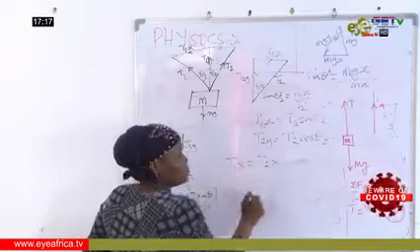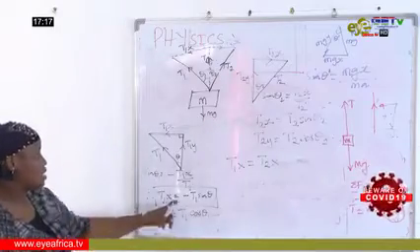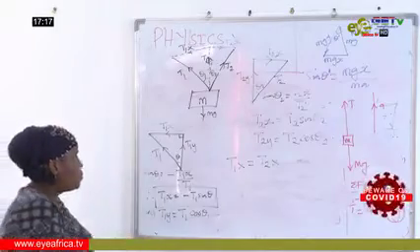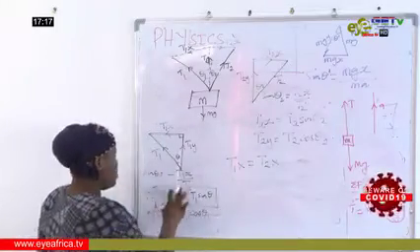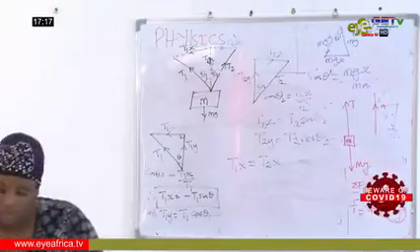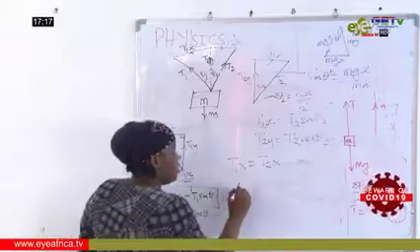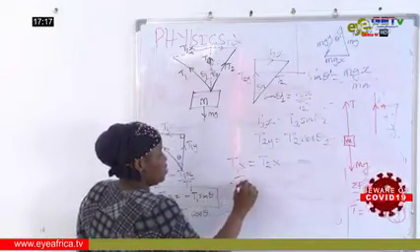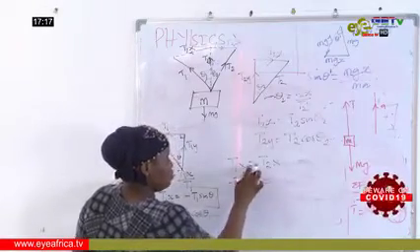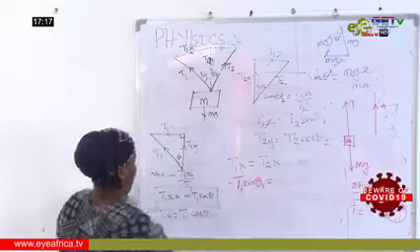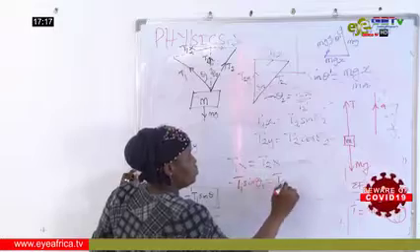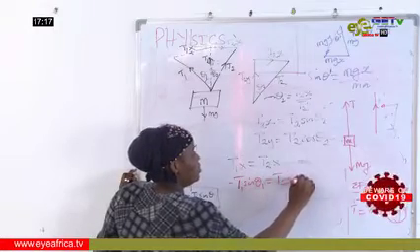But a while ago I wrote something like T1 of x is equivalent to T2 of x. But then we know what T1 of x and T2 of x are. We can substitute them into this equation. And this gives us minus T1 sine theta 1, which is equivalent to T2 sine theta 2.